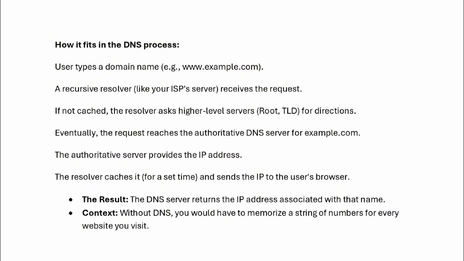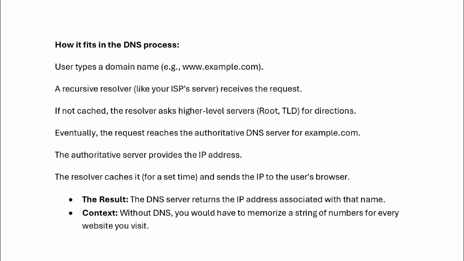How it fits in the DNS process. Users type a domain name, that is example.com. A recursive resolver, like your ISP's (internet service provider's) server, receives the request. If not cached, the resolver asks high-level servers, root and TLD, for directions.